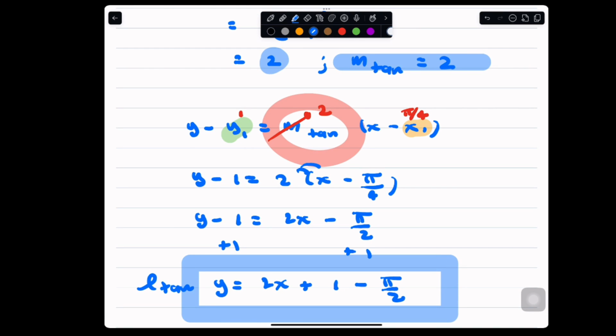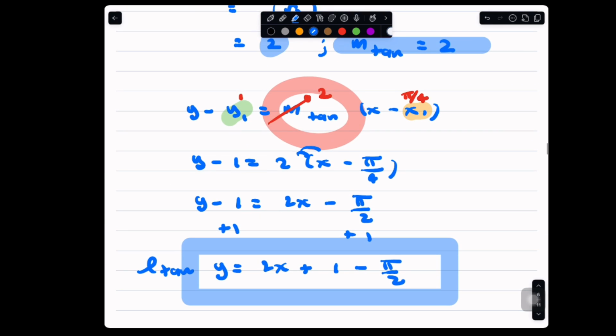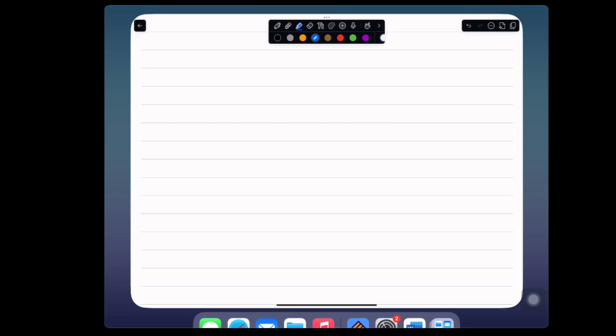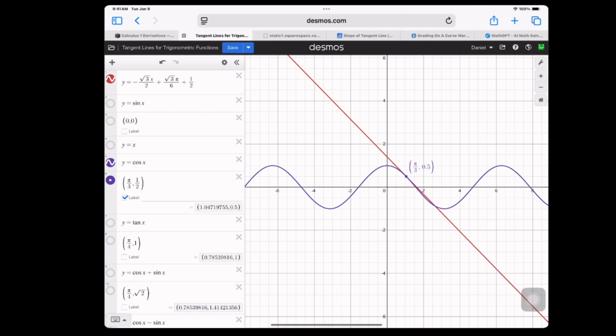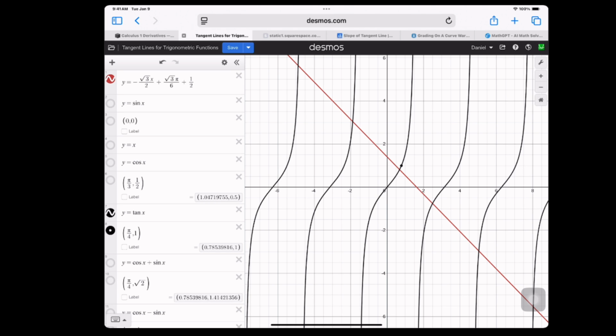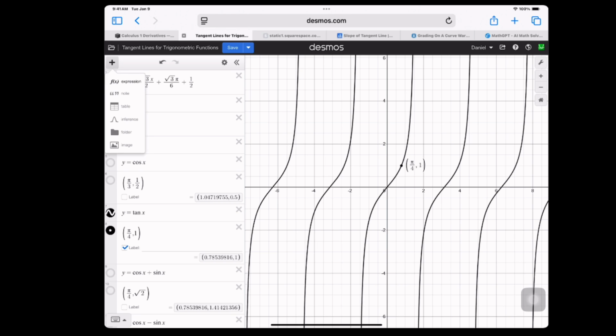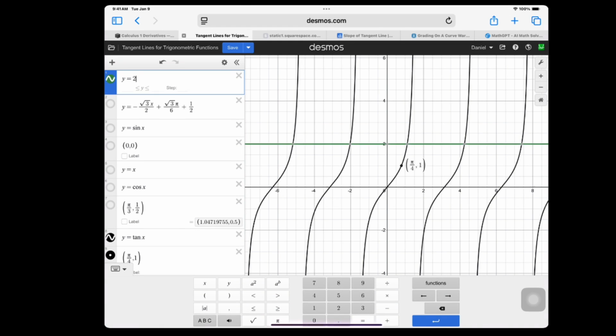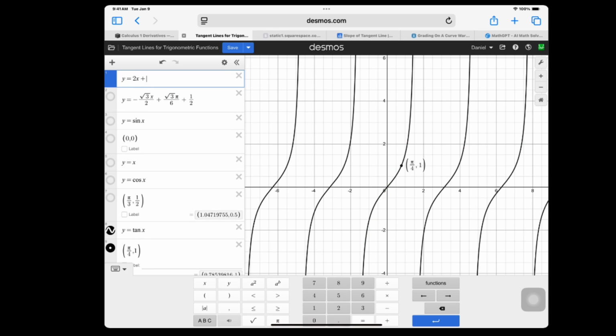So double check this, 2x plus 1 minus pi over 2. I'm going to add a sheet here. 2x plus 1 minus pi over 2. Was it minus pi over 2?